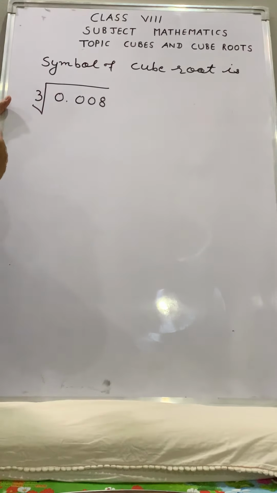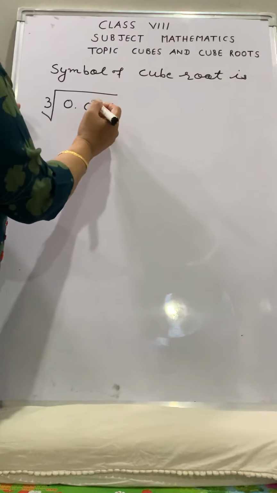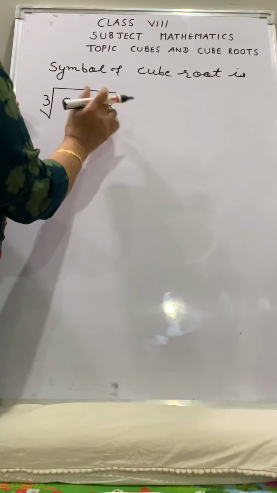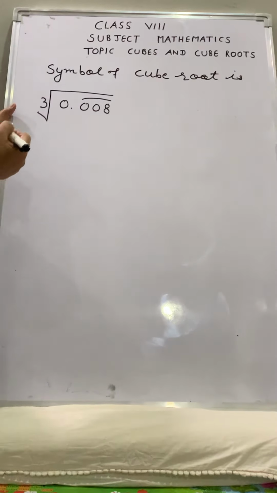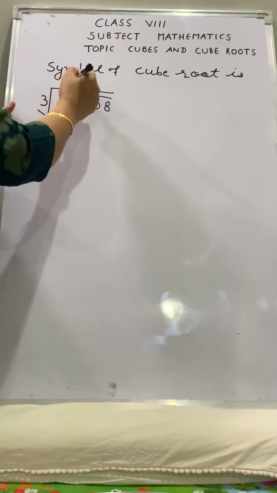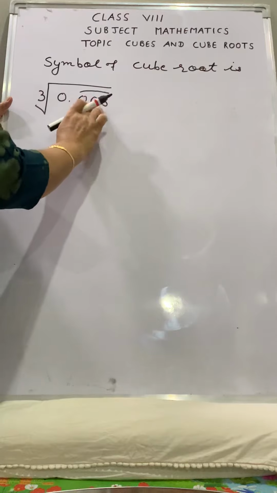You will make periods here. This is the decimal part, 008, and this is the whole part. You only have to make periods of triplets now. It is only one period. In the question, the decimal part has only 1 digit in the answer because it is only one period.